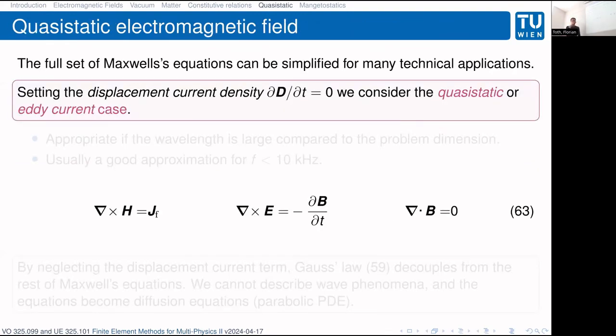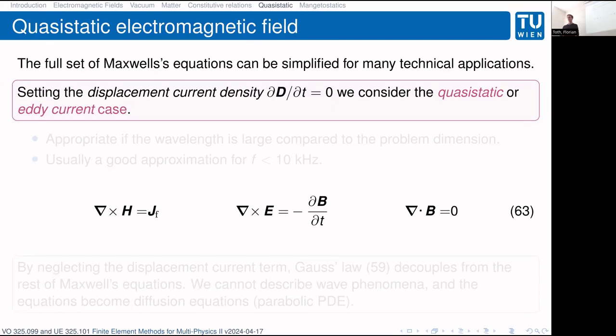Good. So now we want to get to the eddy current case. This is the simplification that is typically relevant for mechanical engineering, and I guess for a large part of electrical engineering. Whenever waves are not relevant and we still have time varying fields, we are in the eddy current case.